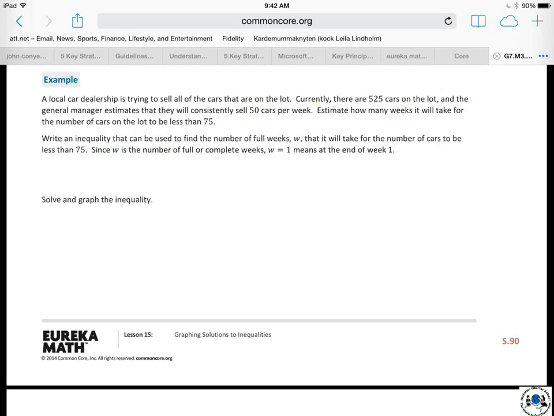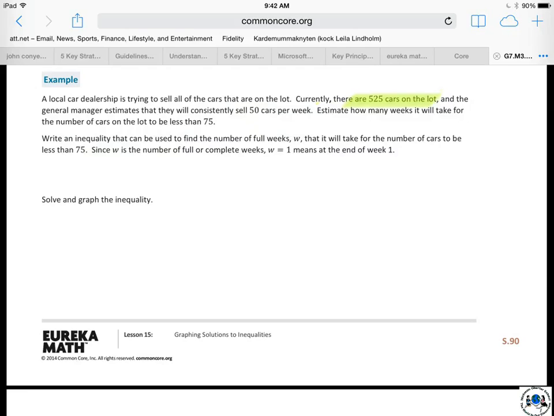A local car dealership is trying to sell cars that are on the lot. Currently, there are 525 cars on the lot, and the general manager estimates that they will consistently sell 50 cars per week.